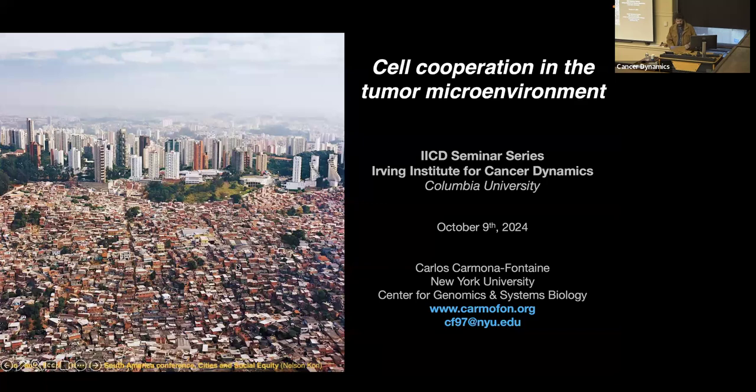So let me start with this picture here. This is a photo of Sao Paulo, actually. I was talking with some Brazilians here. And this is actually very common everywhere in the world, South America, as an example. You can clearly see that there are very clear differences in the size and the types of buildings you have, probably due to different access to resources, right?